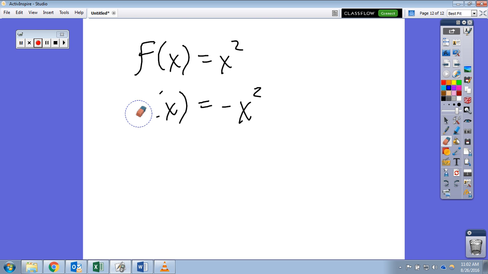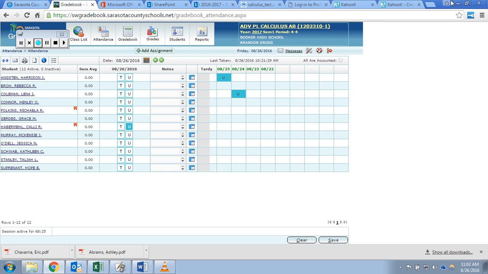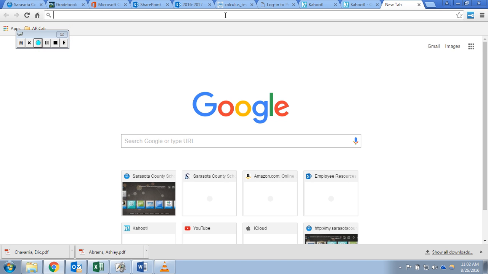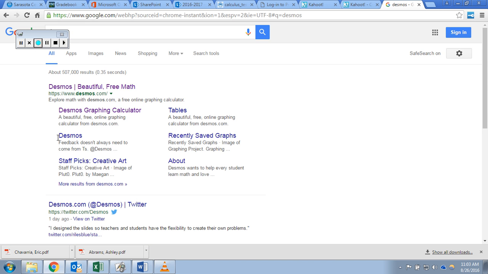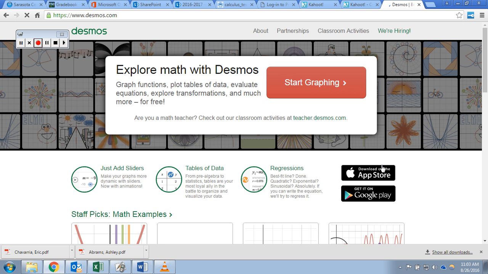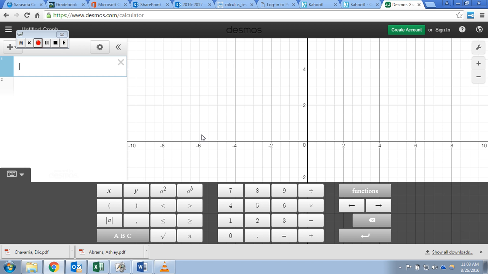I have a much easier and more efficient way of doing this, and it's a great tool to use. It's so much easier for me to just do it this way.